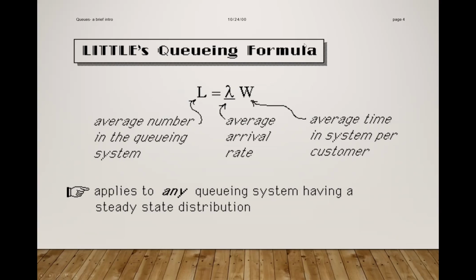So this formula is very useful because it relates 3 important characteristics or properties of the queuing system. The first is the average number in the queuing system, so L. So L here represents the average number. So how many people on the average you can find in the queuing system. Okay? So maybe you can apply this sa grocery store. Let's say sa SM supermarket or maybe not in SM but in Save More.